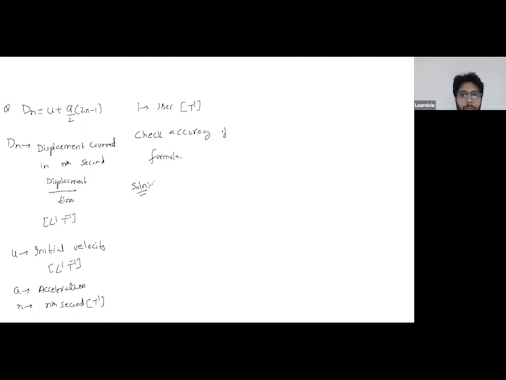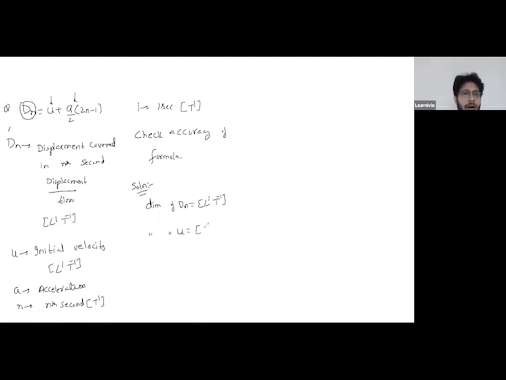Solution. So if I write dimensions of dn, this formula is dimensionally correct only if dn, u and this quantity have the same dimension. So dimensions of dn are L1 T minus 1.